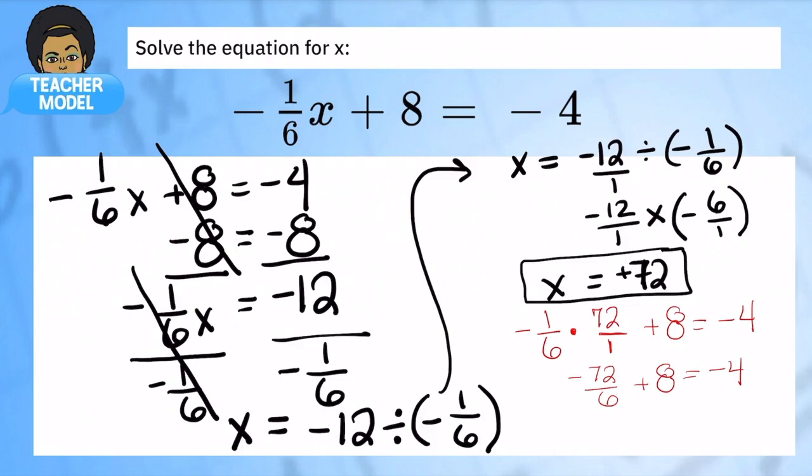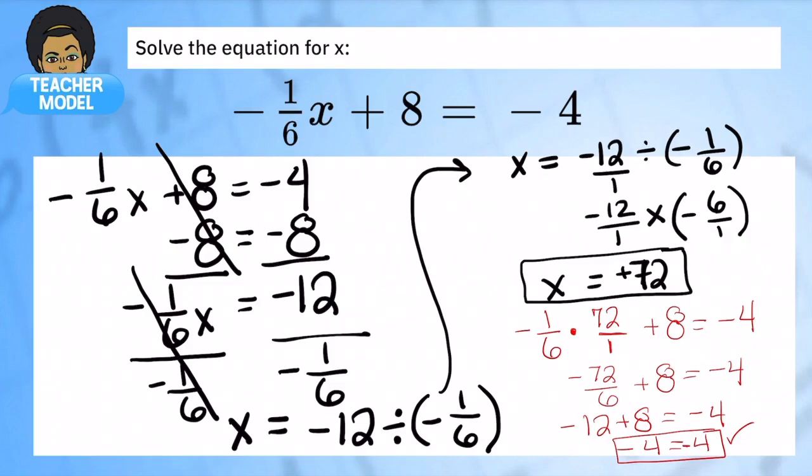Negative 72 over 6, we can simplify that even more. Negative 72 divided by 6 is actually going to give us negative 12. So negative 12 plus 8 is equal to negative 4. And now, just one final step, piece at a time. Negative 12 plus 8 is equal to negative 4. So negative 4 is equal to negative 4. We do have a valid solution.